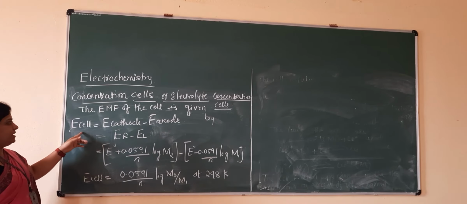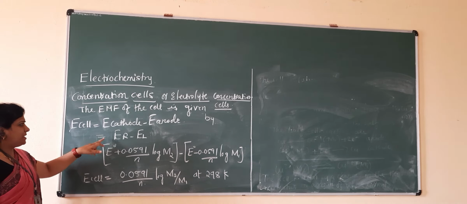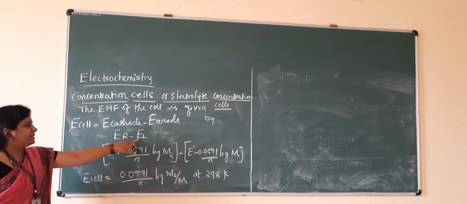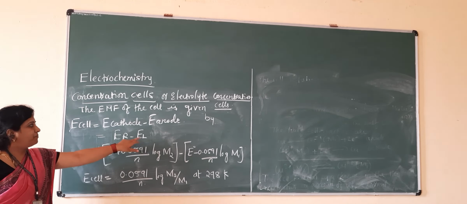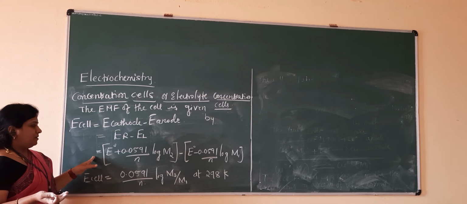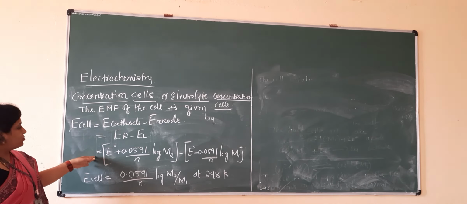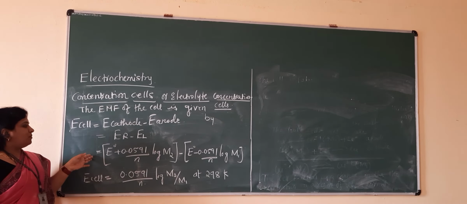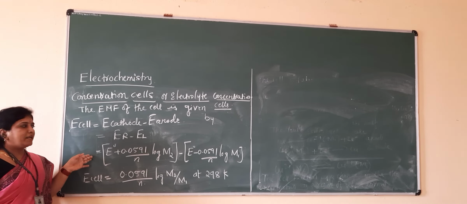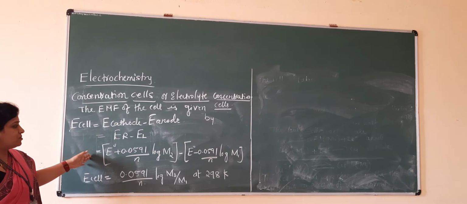So E of cell is equal to E cathode minus E anode, which can be written as E right minus E left, that is right hand side and left hand side. So here we have already derived the Nernst equation. In the Nernst equation, E is the electrode potential, and E is given by the Nernst equation.